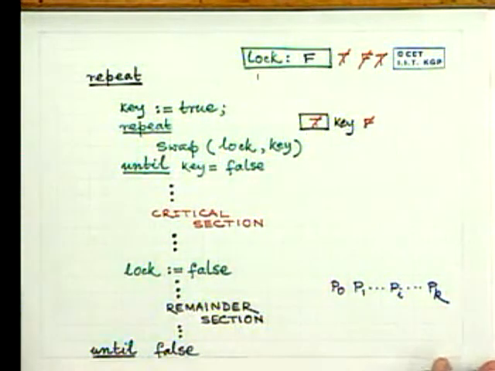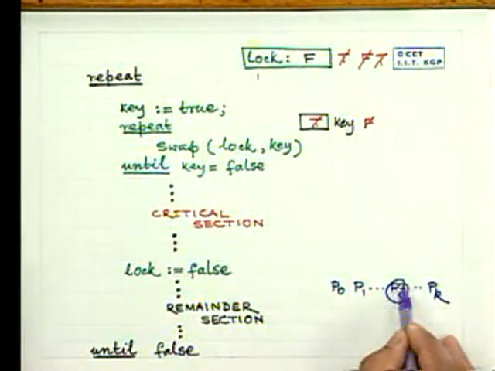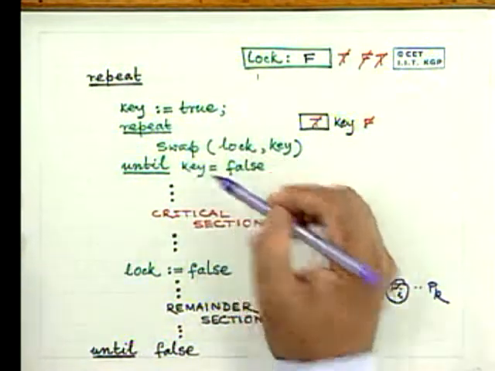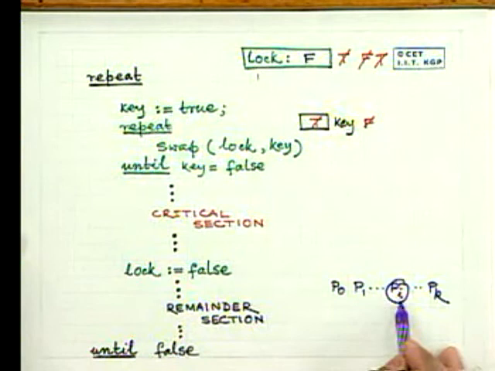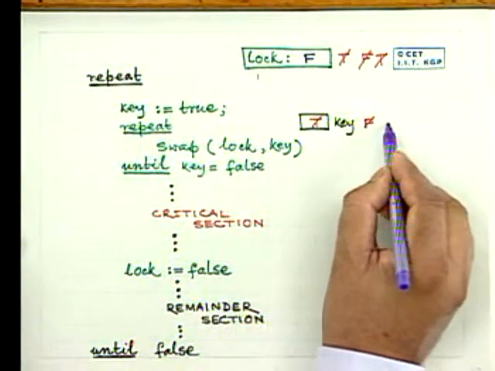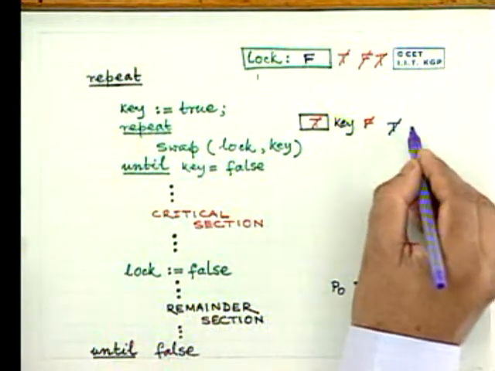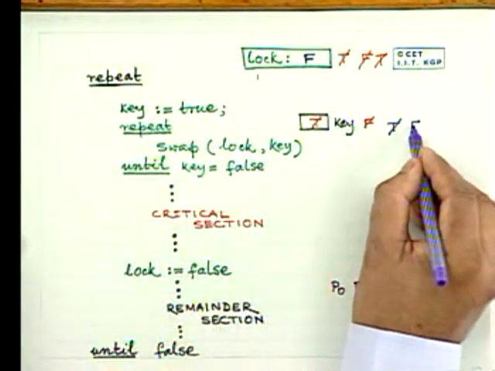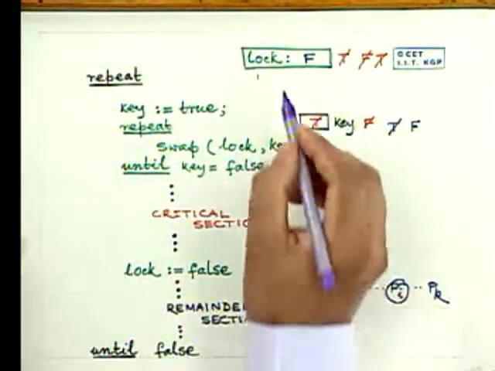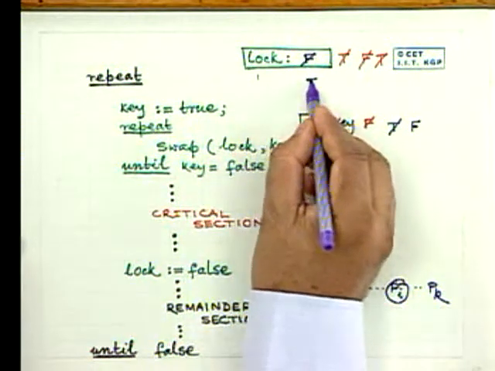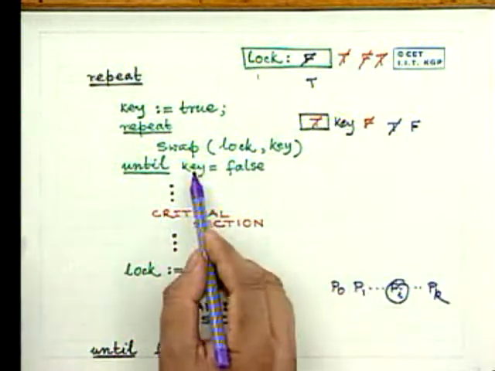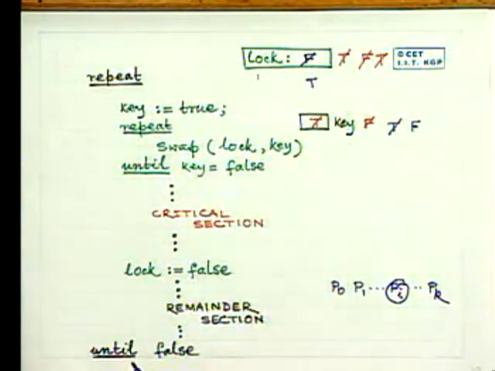Assume that one of these processes, say Pi, first executes these instructions among all of them. Since it's an indivisible operation, key was true, therefore it exchanges with lock, and Pi's key turns out to be false. The lock is now true, and Pi finds key false, therefore it enters the critical section. Now Pi is in the critical section.